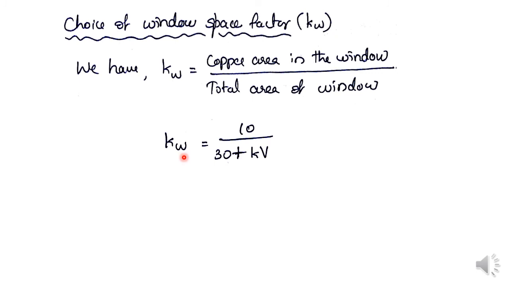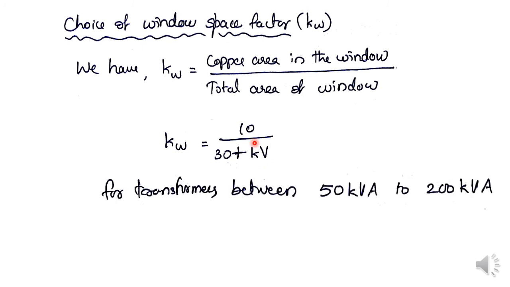In most of the questions, the value of window space factor will be directly given, and if it is not given, we have to assume using this equation, Kw is equal to 10 divided by 30 plus kV, where kV is the voltage rating of the high voltage winding for the transformer. But this equation can be applied only for transformers between 50 kVA to 200 kVA. And the typical value of Kw is between 0.15 to 0.45.